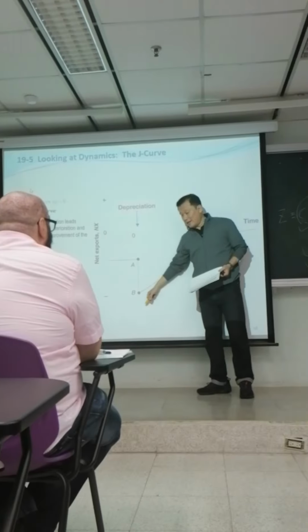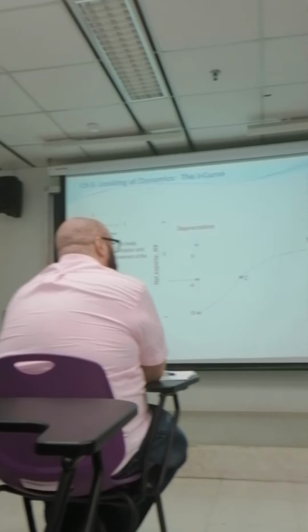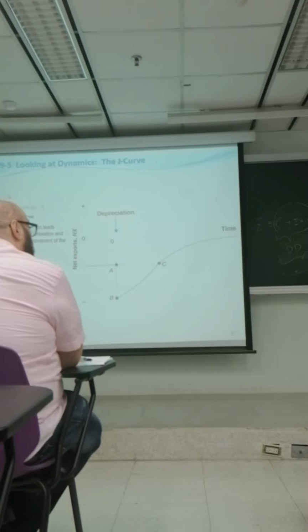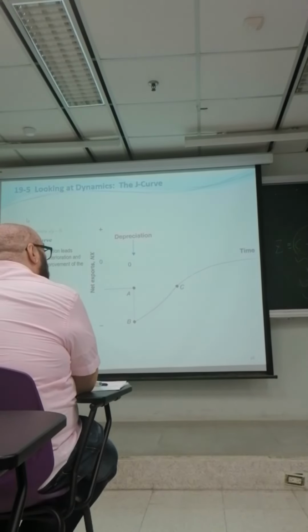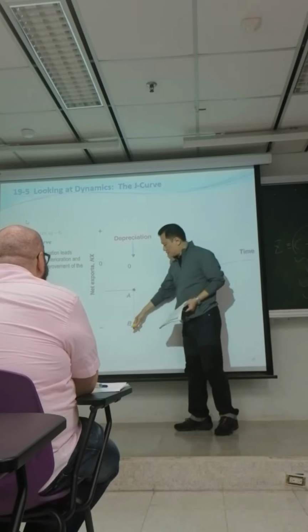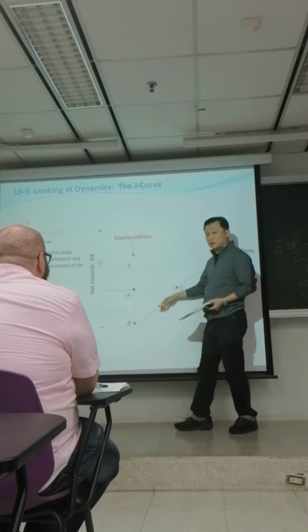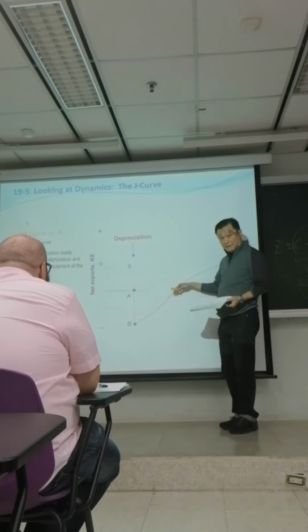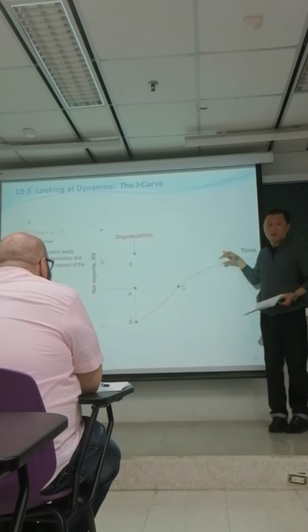Then it takes time for people to adjust their exporting and importing behavior, and eventually these two terms will play their role in bringing up net exports. So after time 0, we will see net exports rise eventually, and ultimately Nx will be higher than before.